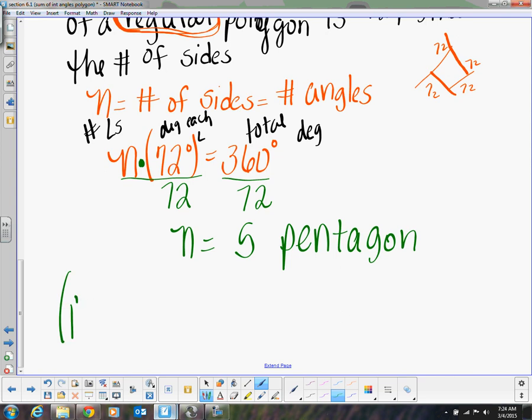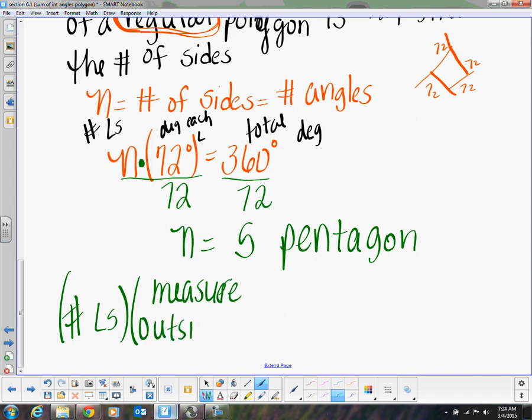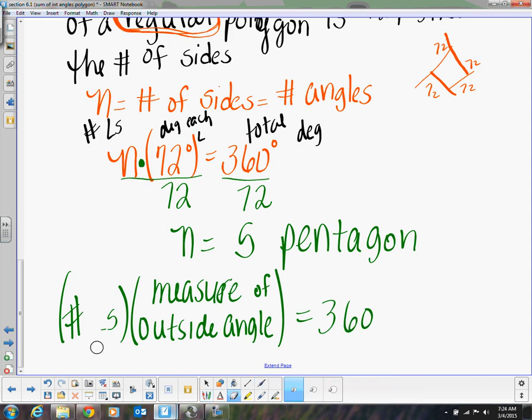Maybe I can give you a better formula. Number of angles times measure of outside angle equals 360. And maybe to make this a little bit better, we want to say number of sides, because the number of sides is the same thing as what?